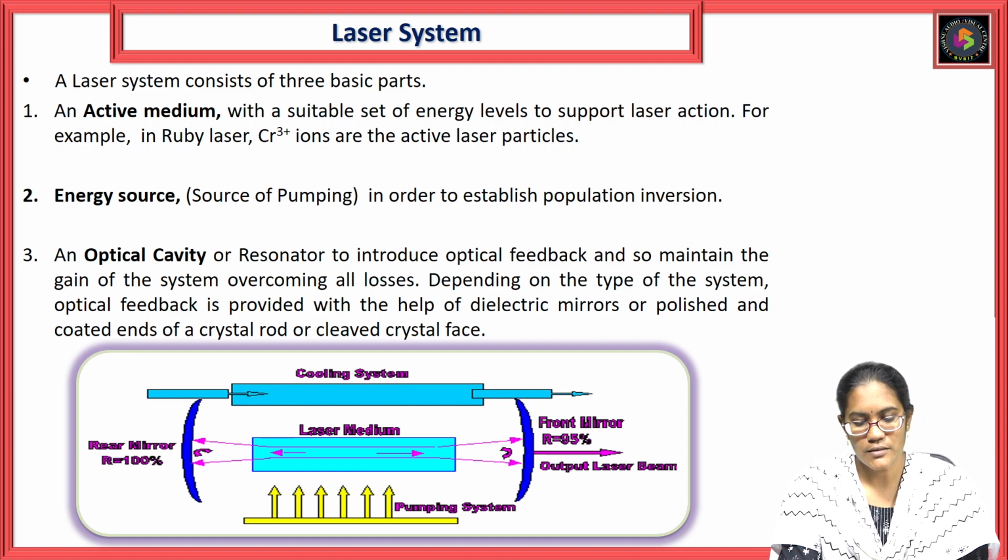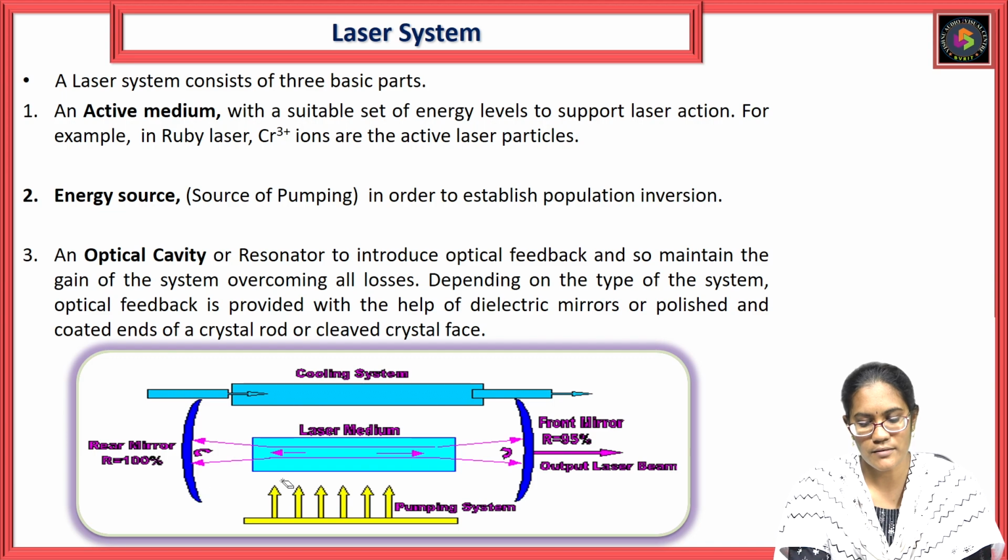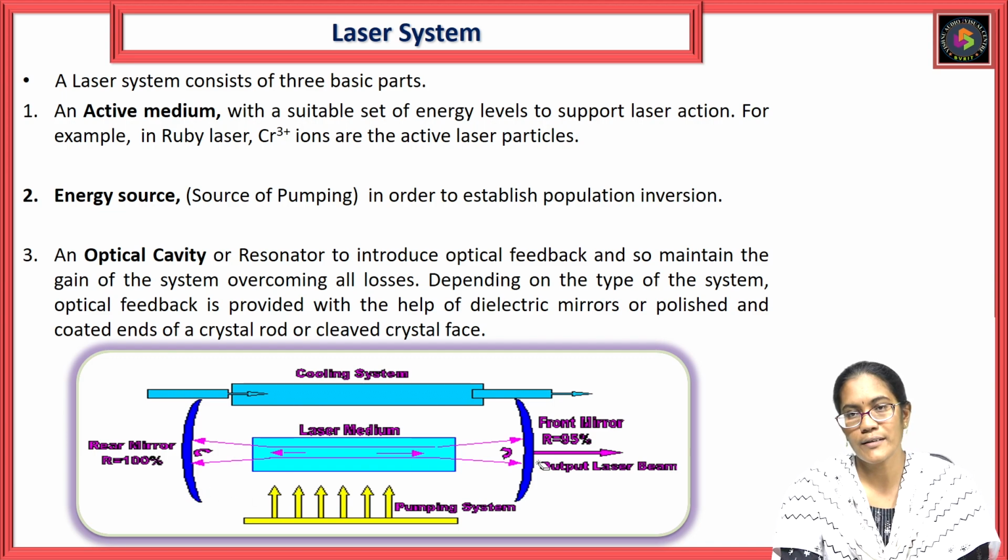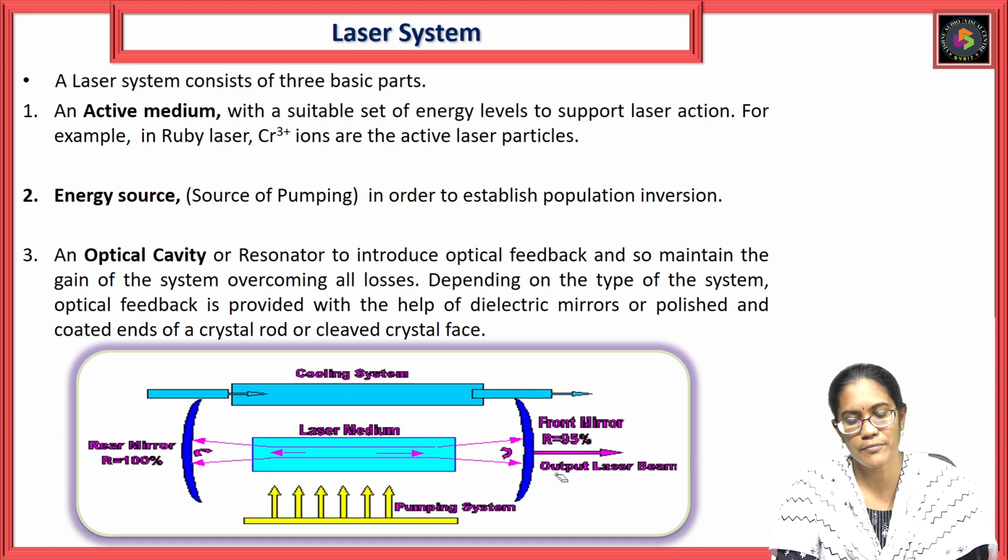If you see this diagram, the central part is the active medium. This is the pumping source, and on either side of the active medium two mirrors are placed. One is the fully reflecting mirror and one is the partially reflecting mirror. The photons move between these two mirrors, and the laser beam comes out from the partially reflecting mirror.